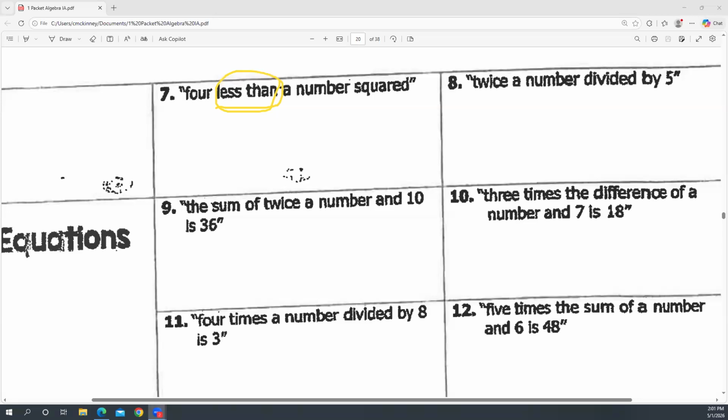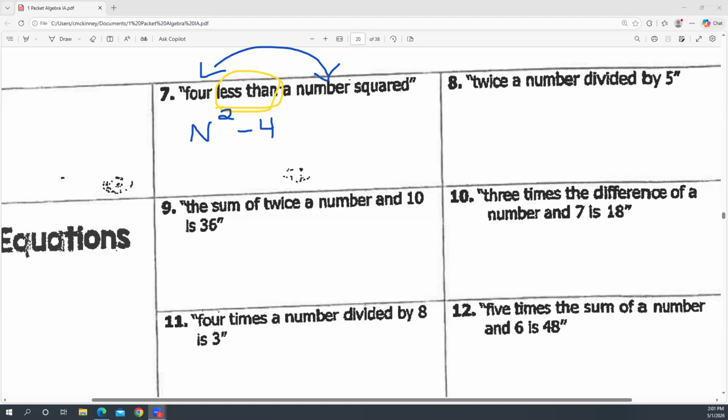So this order is going to get switched. So 4 less than means I'm taking 4 away from something. Notice I left myself some space before the minus 4. What am I taking it away from? A number squared. Squared means second power, so it has an exponent.